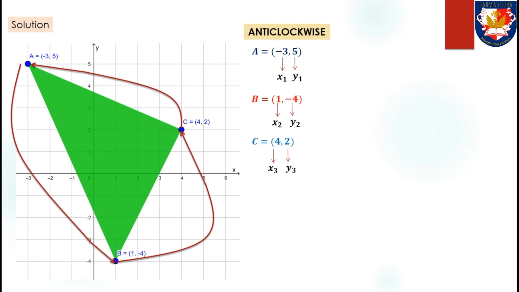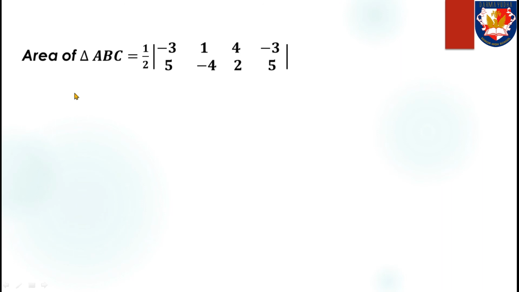The area of triangle ABC is as follows. Substituting the values of x1, y1, x2, y2, x3, y3 will give the following result. To calculate the area of triangle ABC, we have to multiply diagonally. Starting from -3 times -4, 1 times 2, 4 times 5. The results are shown by the red numbers.